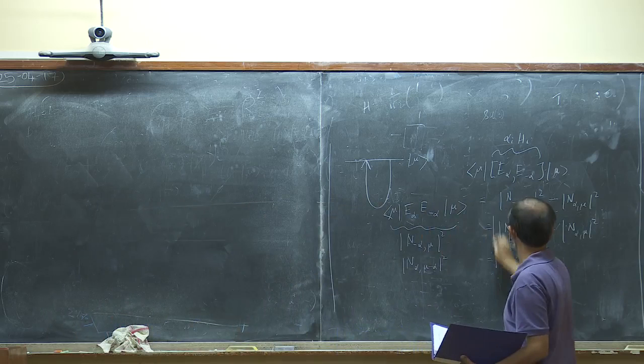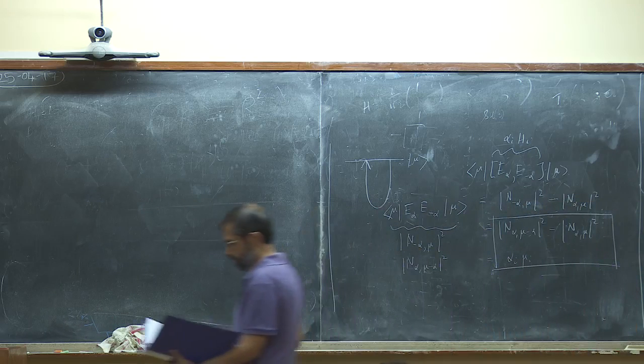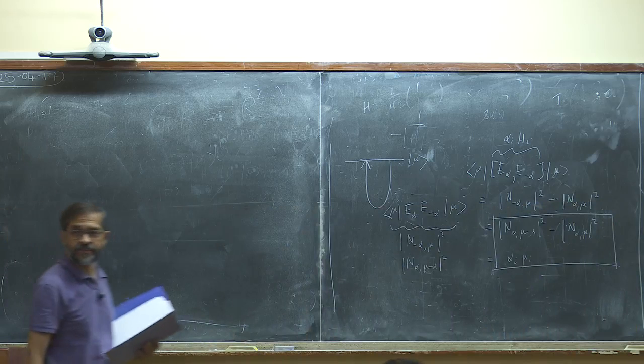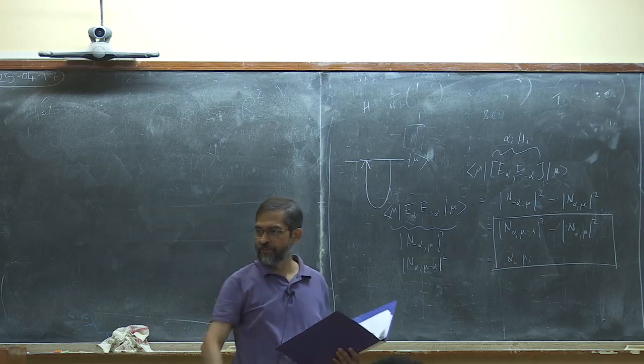So that's our recursion relation, and we are going to use this. We are going to look at the tower of a single α. Starting from a single μ, we are going to go up and down.